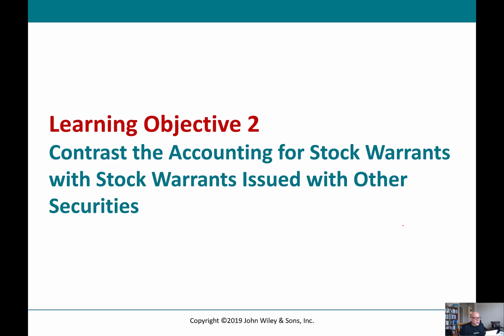Now, in both of those cases, it was contemplated that the holder of the bond, the holder of the preferred stock, had to give up that instrument in order to get the common stock. Well, sometimes they will have warrants that are attached to the instrument, say the bond.